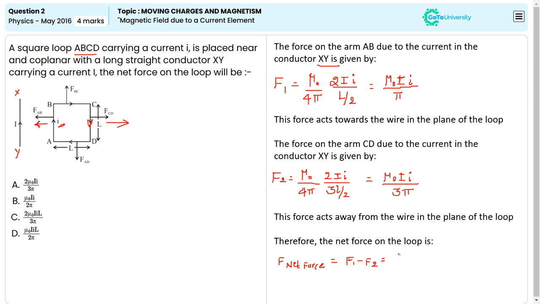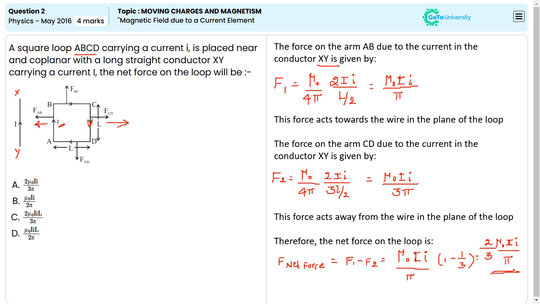Then we get mu naught I into I divided by pi times 1 minus 1 by 3. The final equation is 2 by 3 times mu naught I into I divided by pi. This is the net force on the loop ABCD.